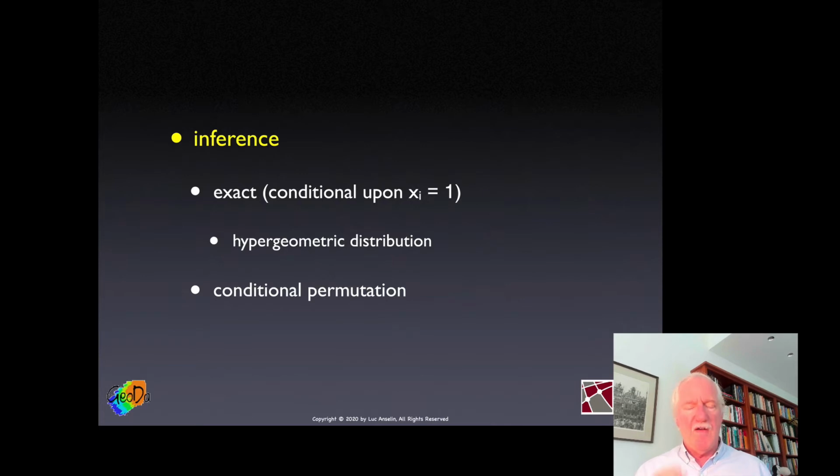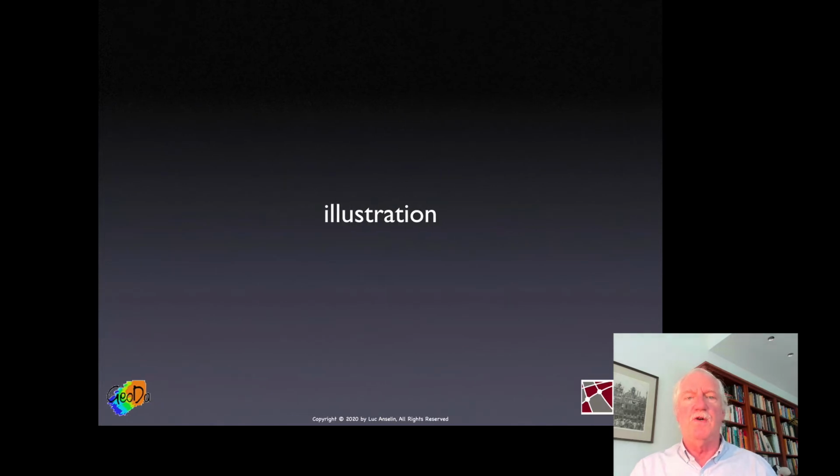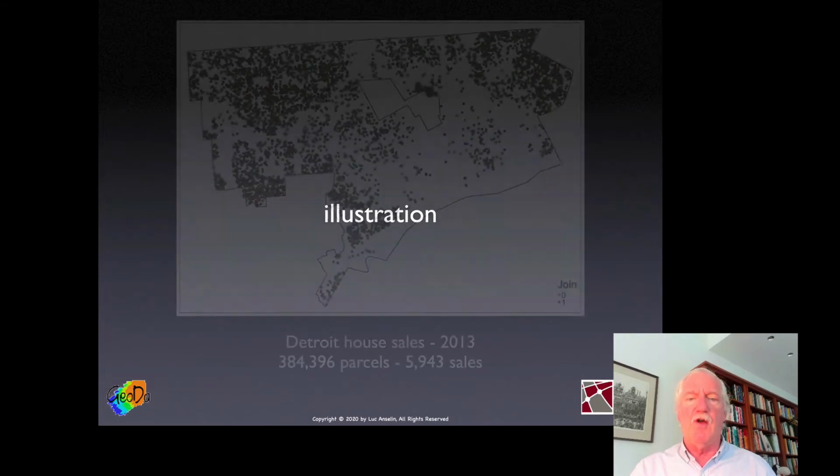We have our value at the location, and we take the ones that are remaining and reshuffle them and then figure out how rare this is. So it's actually a very straightforward principle. It's an alternative to point pattern analysis in cases where you do have both the ones and the zeros, which unfortunately is not often the case.